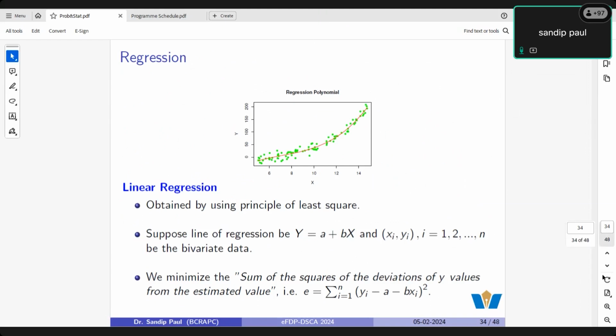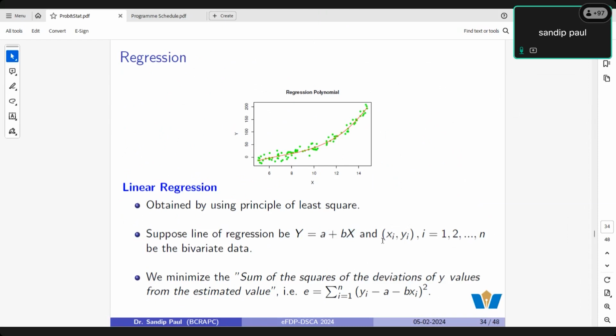The easiest process is linear regression, where we fit a linear curve to the data, which has the form y equals a plus bx. That means here a and b are the only unknowns. If we calculate them, we can get the line, and for any value of x, we can predict the value of y.